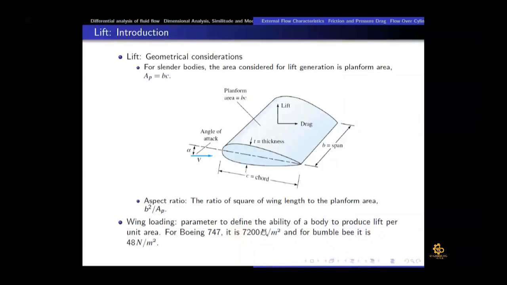But if we talk about the bumblebee, it has only 48 Newton per meter square, but because it is very light in weight, it can travel very easily. But for commercial airplanes, we need to generate very high lift force per unit area. So that is defined by the wing loading.